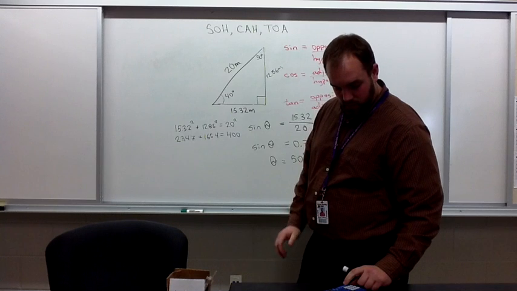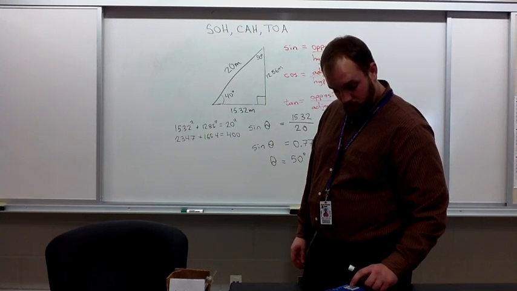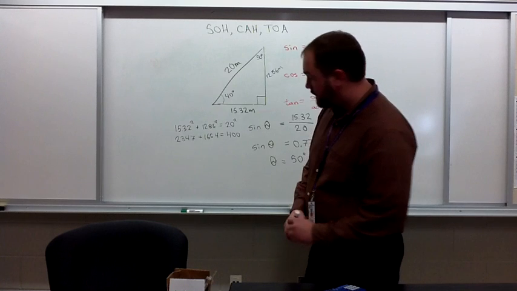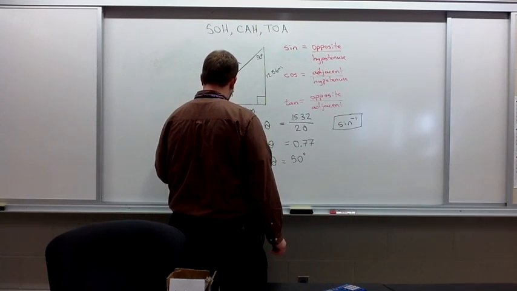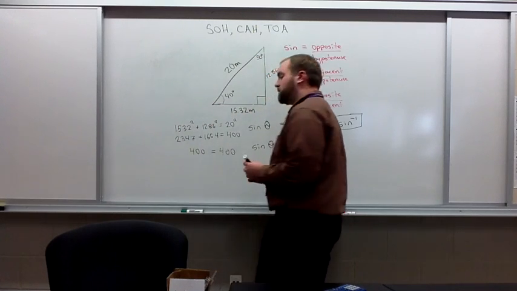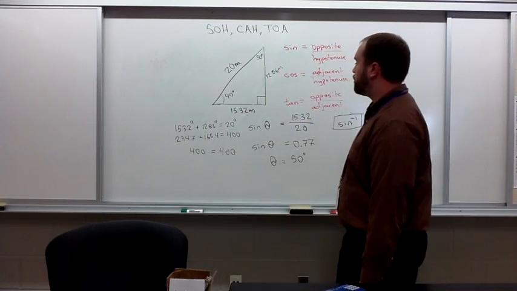If you add those two together, 2, 3, 4, 7, you get 400 and some decimal. Very small decimal. Okay, you get that decimal just because of rounding. But 400 equals 400. Look at that, math works.